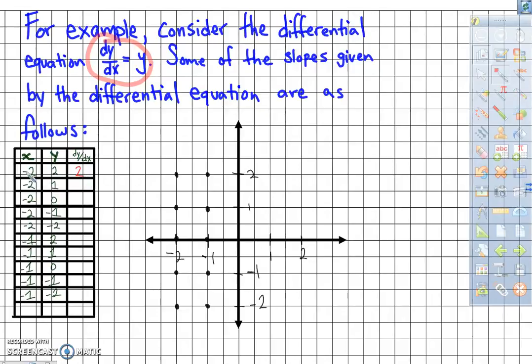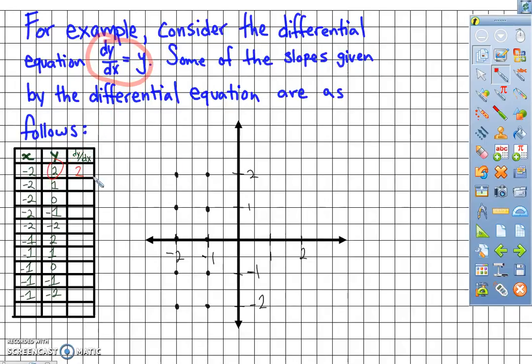When x is negative 2 and y is equal to positive 2, dy over dx produces just 2. We plug in this 2 for y, and dy over dx is 2.